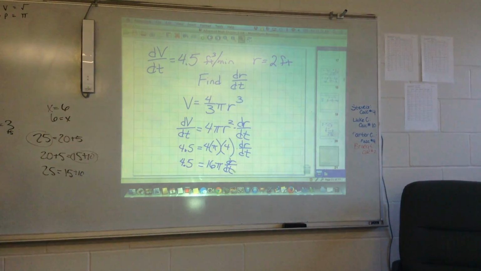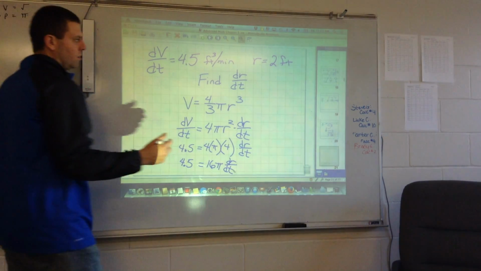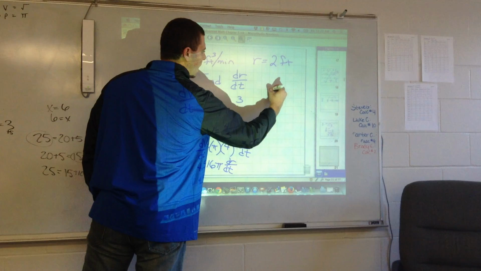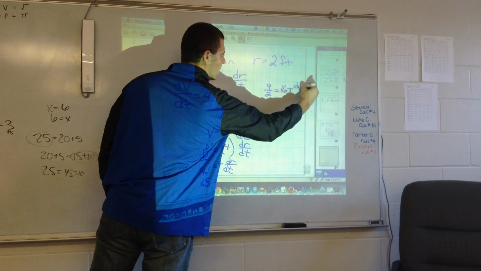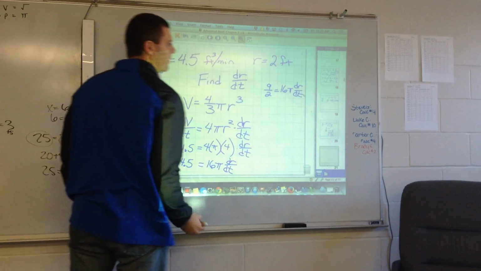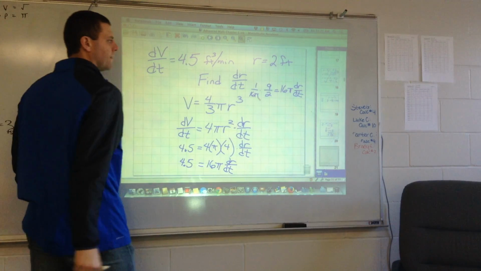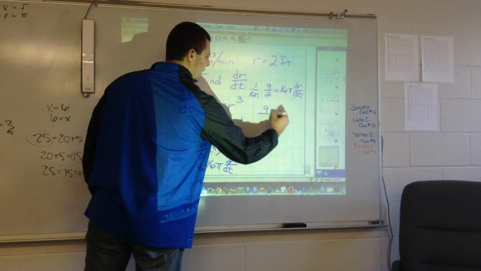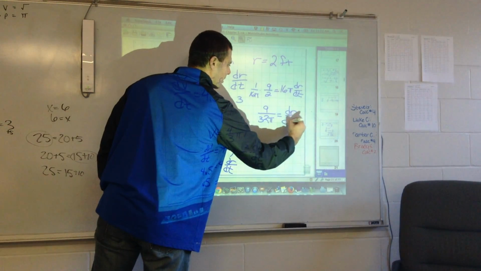I'm going to divide both sides by 16 pi, or really multiply by 1 over 16 pi, the reciprocal instead of dividing. So when I have 9 halves equals 16 pi dr/dt, and I multiply by 1 over 16 pi, that gives me 9 over 32 pi equals dr/dt.